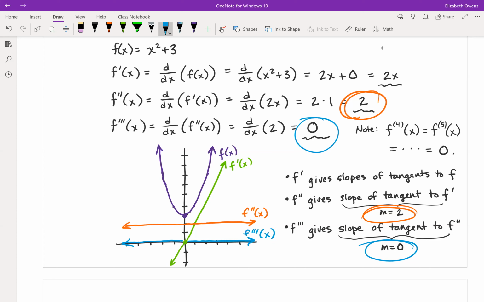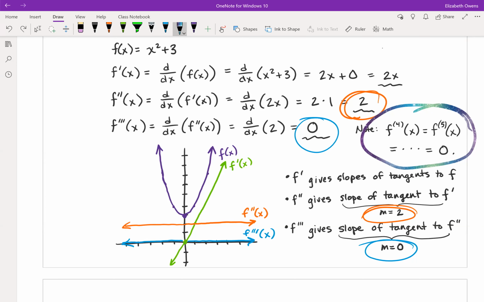That's also why, again, any subsequent derivatives, the fourth derivative, fifth derivative, etc., those are all just going to equal 0 because that would be representing the slopes of tangent lines to this function here for the fourth derivative. Okay, so that tangent line would come along perfectly horizontal still, slope of 0.